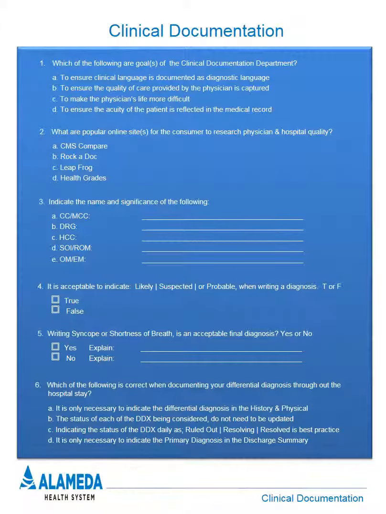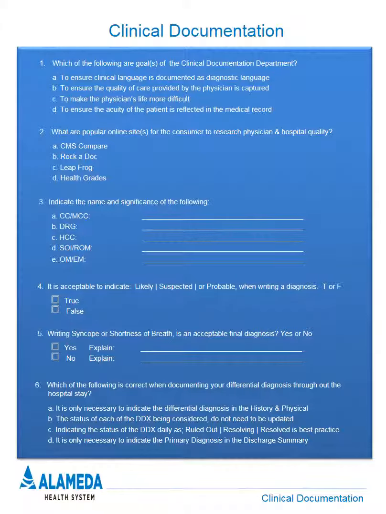You want to start ruling out your differential diagnosis throughout the record. B, the status of each differential diagnosis being considered does not need to be updated. That's absolutely false. That makes for a very messy medical record. The status of each differential diagnosis being considered must be updated throughout the medical record.